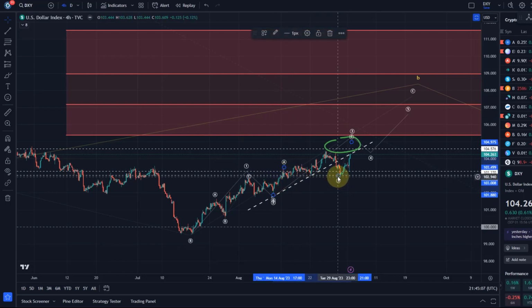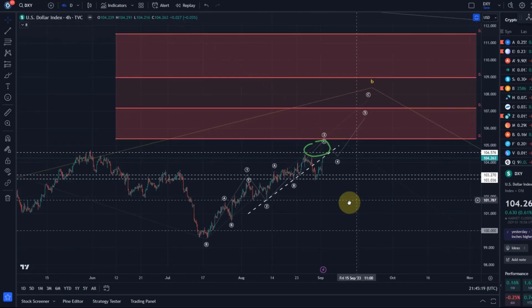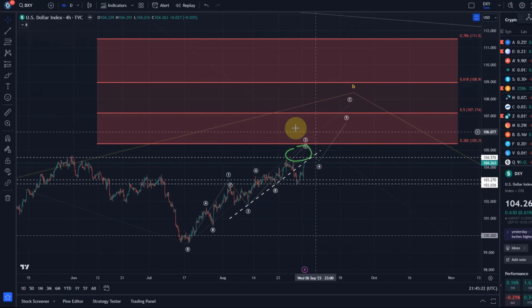Looks actually a little bit as if, and then here maybe a 1, 2, and we could push still higher. But we'll see. The micro count will shift in a diagonal structure. The key is that we need to understand that in this scenario, as long as the $103 level is holding, we can still push higher.